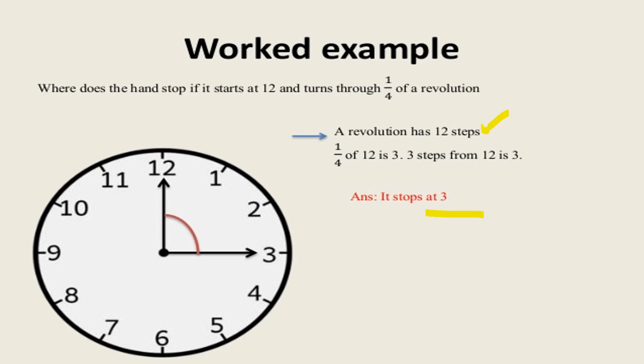So 1 to 12 steps. So 1/4 of 12, if we simplify it, 4 times 3 is 12, so it is 3. So 3 steps from 12. So you have to move 3 steps, 1, 2, 3. So you will stop at 3 o'clock.